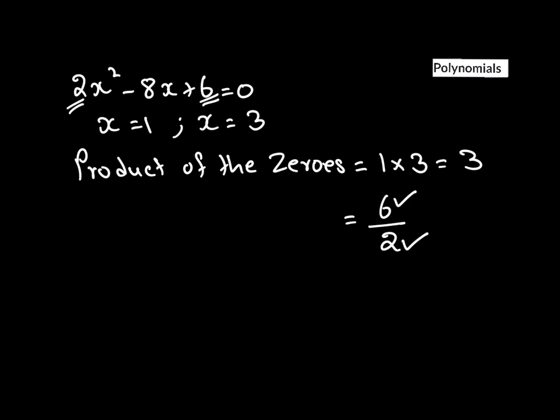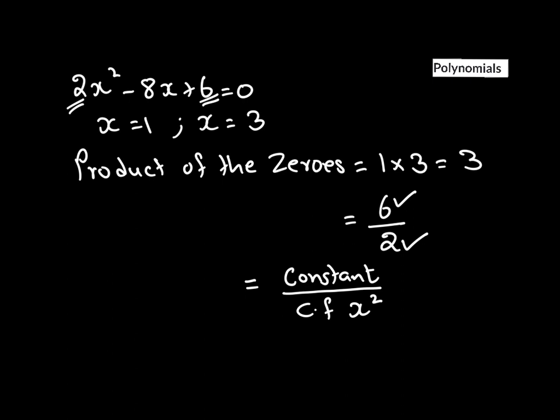So we can get the product of the zeros of a quadratic polynomial as constant term divided by the coefficient of x squared in general.